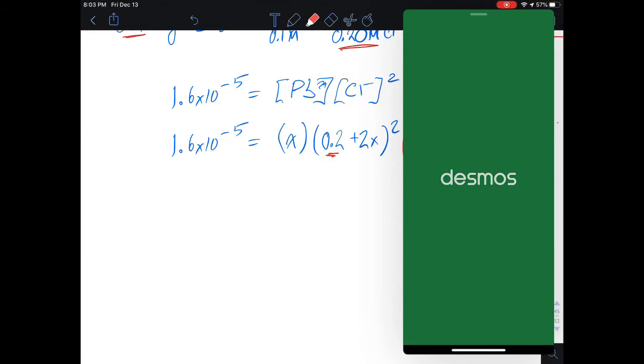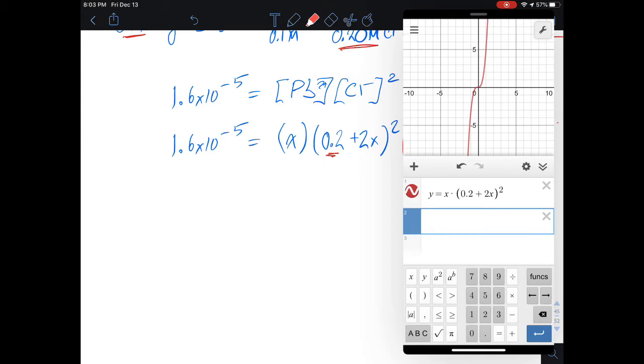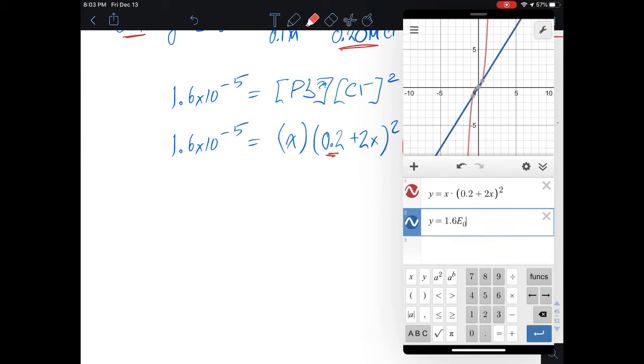We could be really sneaky, and last time what I did was I went y equals, and then I said x times 0.2 plus 2x to the power of 2, like that. That gives me an equation this way. And then I could say y equals 1.6. And let's see if we can just do a -5. How does that work? Yeah, I think that worked.